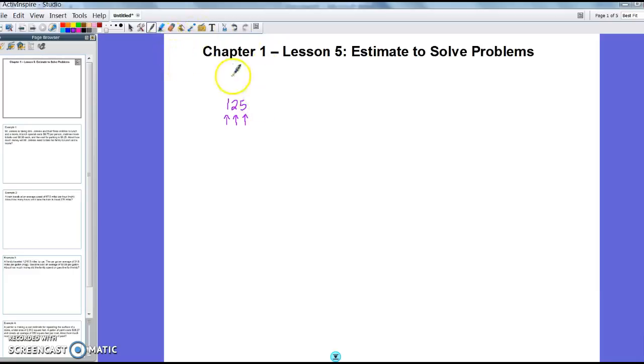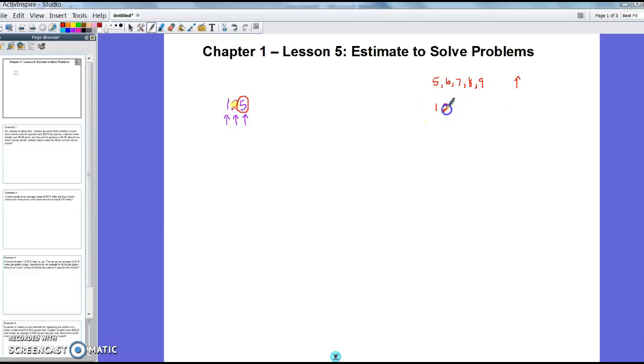And remember, when we're rounding, we're always going to look at the place we're rounding to, and then look at the number to the right of that. So for example, in 125, if I'm rounding to the tens place, then I'm going to look at the number in the ones place. The rule of thumb, if you don't remember, is if the number is 5, 6, 7, 8, or 9, you round up.